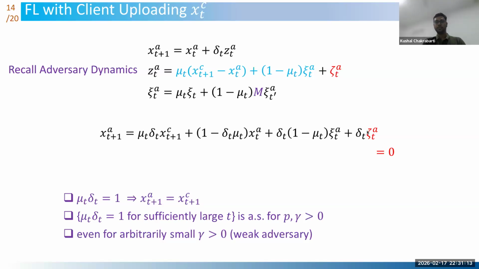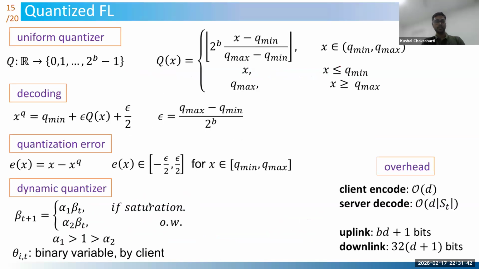So the last component is also vanished, and all that is left is the first quantity. Because mu and delta are 1, xat plus 1 becomes exactly xct plus 1. So the actual model that the client has sent to the server, the adversary has that exact value. That means you have 0 protection for this kind of algorithm. That is why I mentioned that the flop algorithms have no protection under this adversary model.